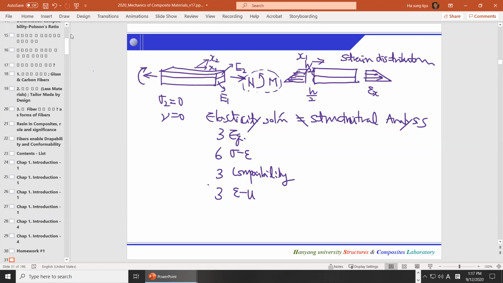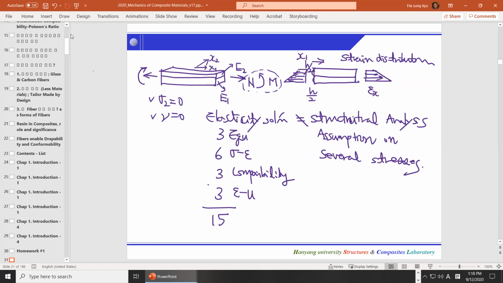But structural analysis is different from elasticity solution in that we assume some stress components, something like this, and we make assumptions on several stresses. Otherwise, these equations are totally 15 equations and 15 unknowns.